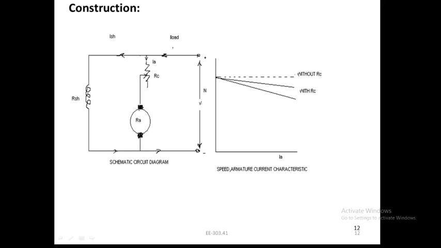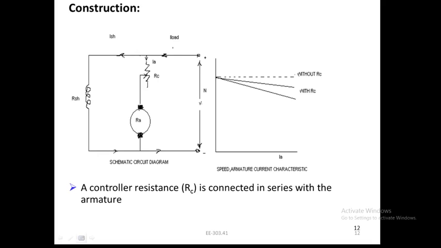Here we talk about the construction. We are placing a variable resistor in series with the armature, and the field winding gives constant flux.